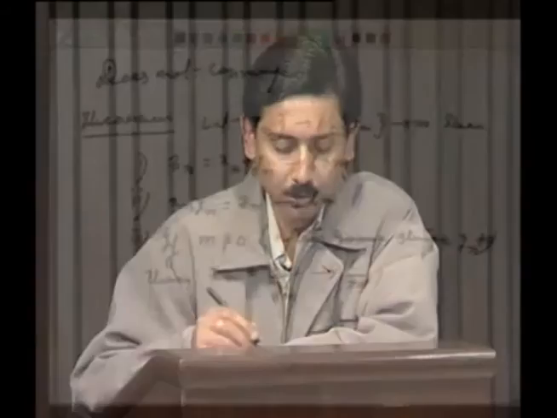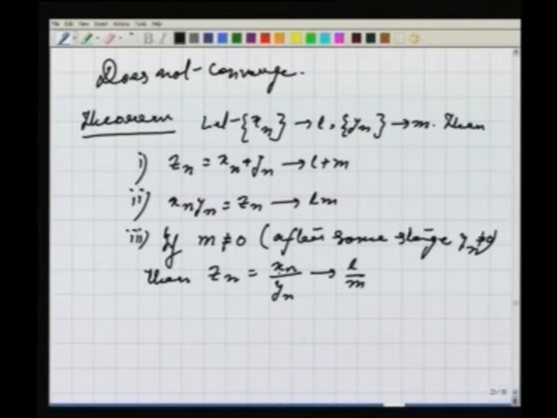In that case, what we mean by x n by y n is from the term onwards where y n is not equal to 0. The proofs are very simple, and follow exactly from the definition.